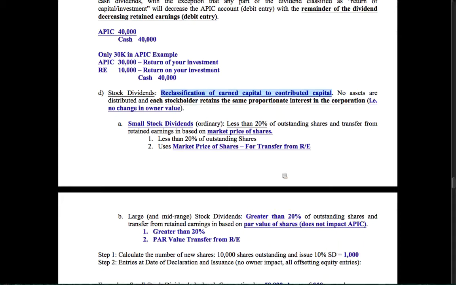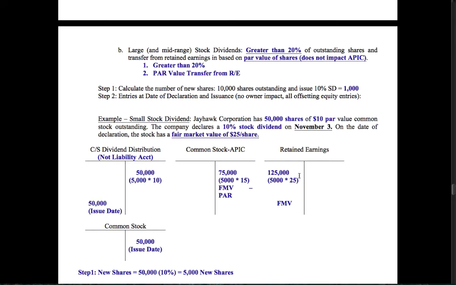Therefore, our contributed capital balances at the date of issuance, after we issue the dividend, should equal, or should offset, I should say, the amount that we changed the earned capital. And as you can see in our first example, as we just went over, we decreased earned capital by $125,000 and we increased the contributed capital by $125,000. And this common stock dividend distribution account goes away because it offsets $50,000 and $50,000.